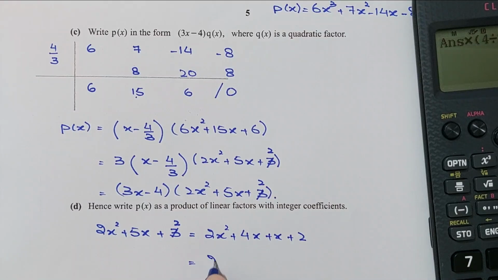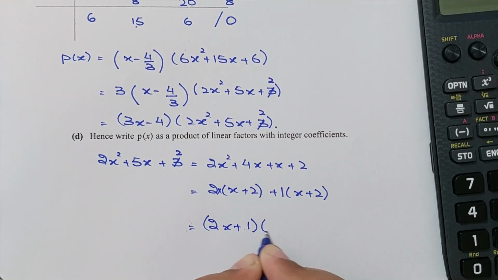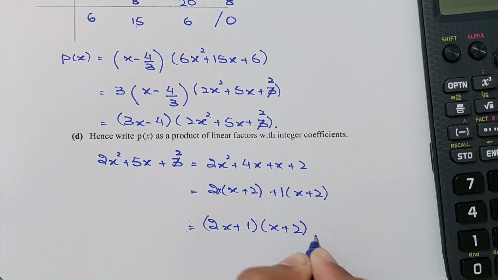This would be equal to 2x common and 1 common, x plus 2. So the factors are 2x plus 1 and x plus 2. Right.